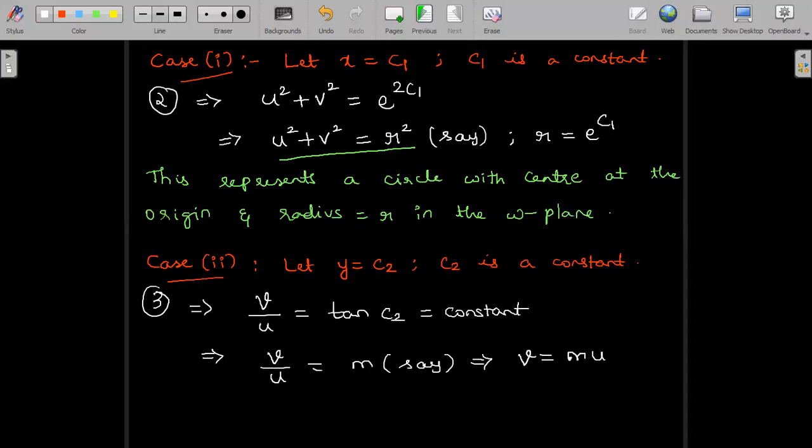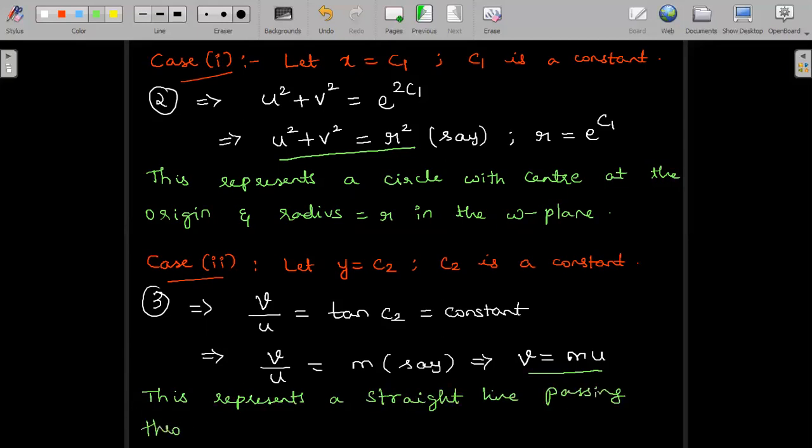So v is equal to mu represents a straight line passing through the origin in the w plane.